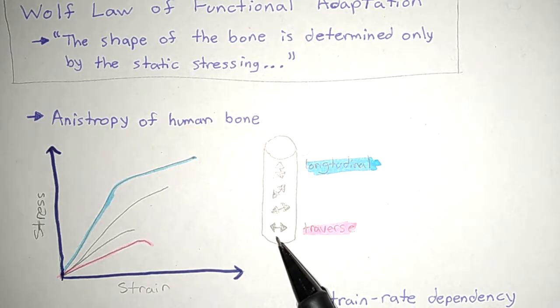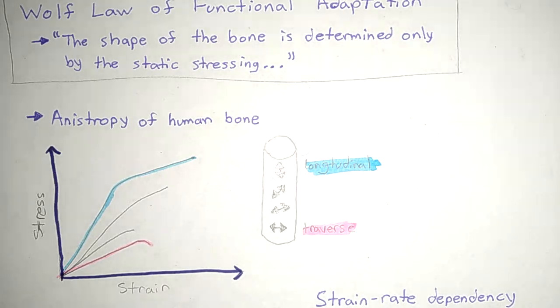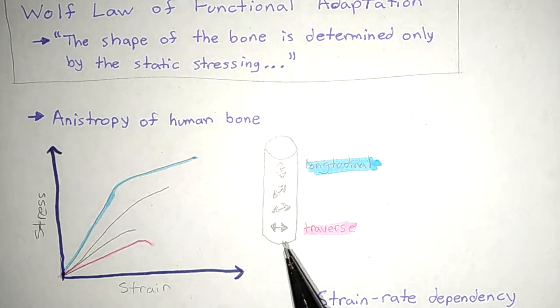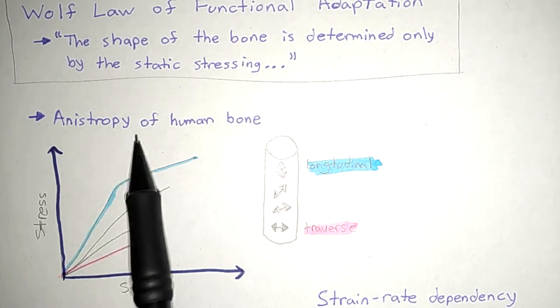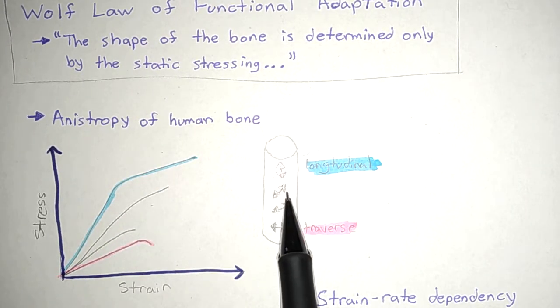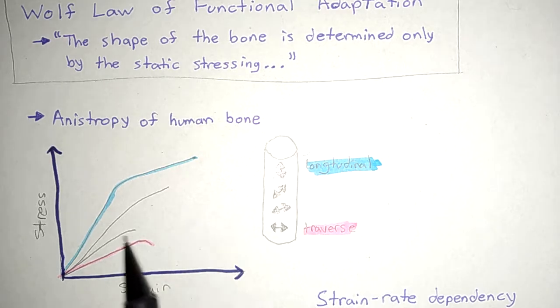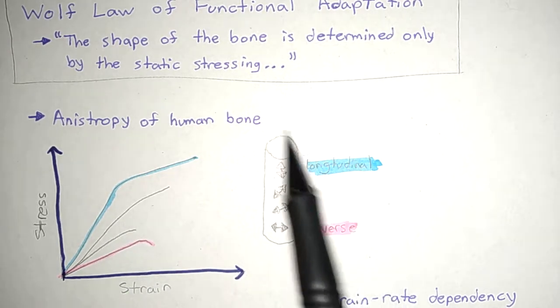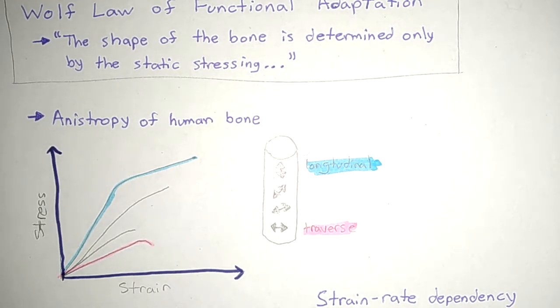And there will also be the collagen fibers, which have a different property and allow for the strength of it. Because of the anisotropy, the stress-strain curve is different depending on the angle that we pick to test them.